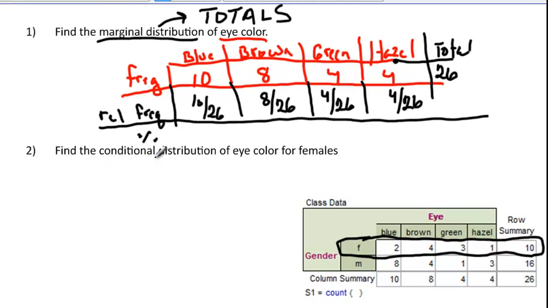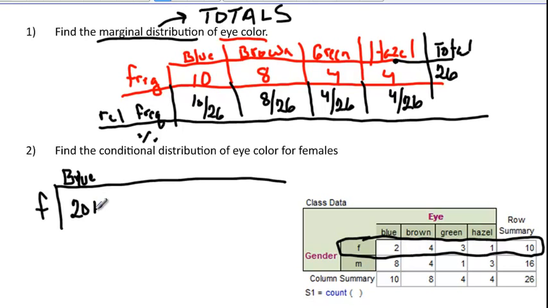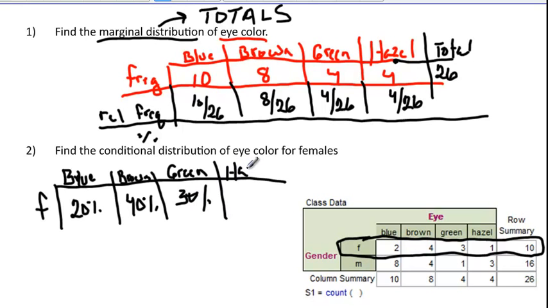So my conditional distribution for females: I can see that 20% of female students have blue eyes, 40% have brown, 30% have green, and 10% have hazel.